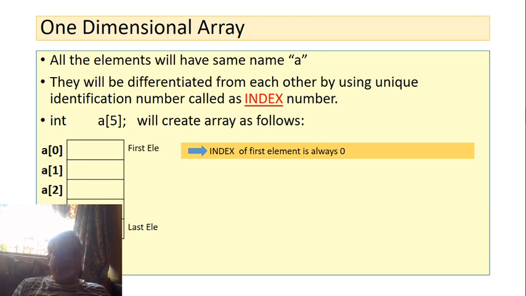Therefore, whenever we create a one-dimensional array, the index of the first element is always 0, and if the capacity of array is n, then the index of last element will always be n minus 1.